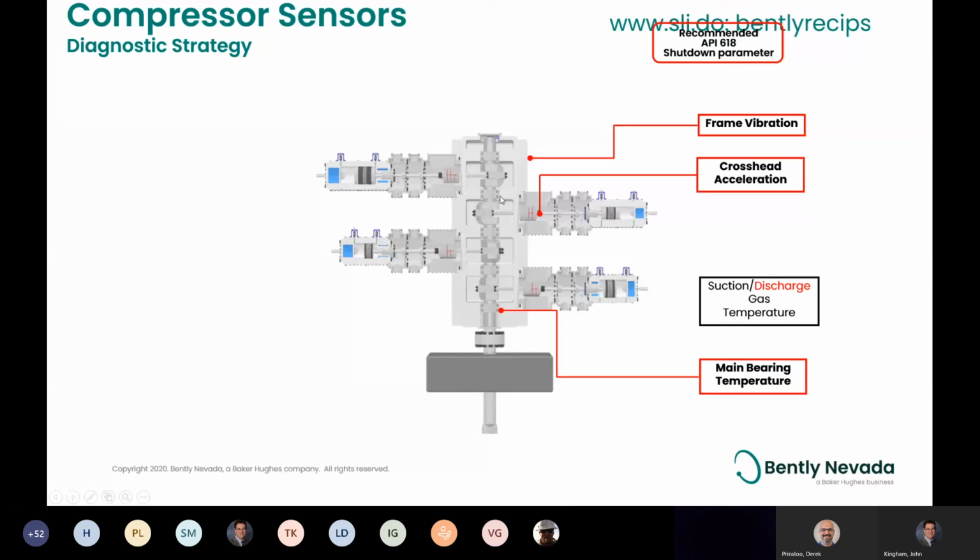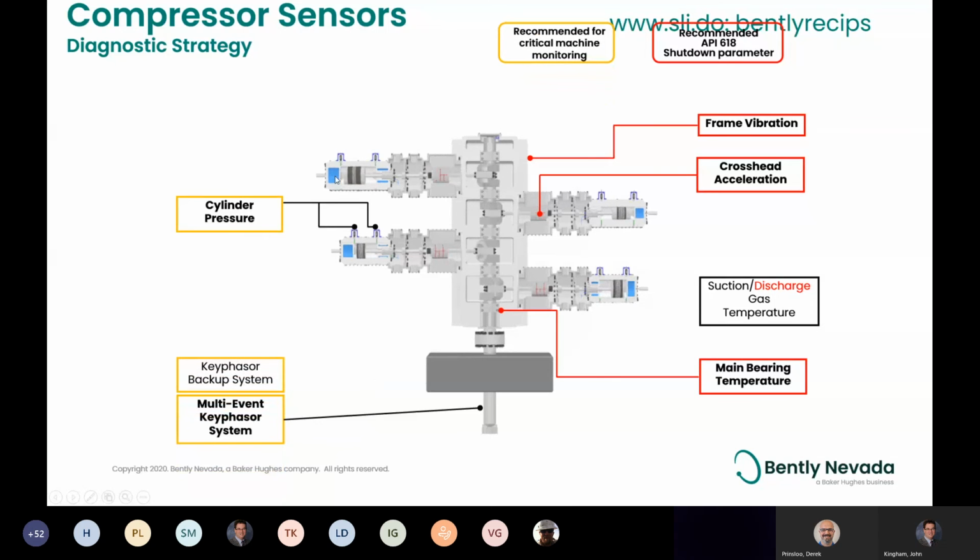So main bearings in the crankcase. And then we recommend adding cylinder pressure. Cylinder pressure has a lot of benefits, which I'll go into shortly. Along with the cylinder pressure, we like to have a multi-event Keyphasor system. We'll talk about that as well.